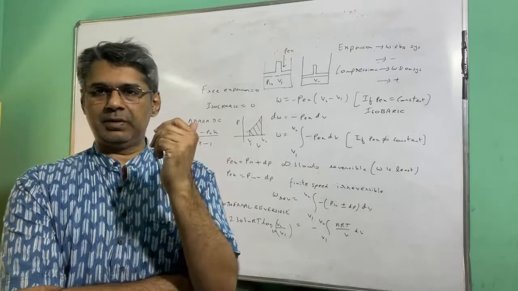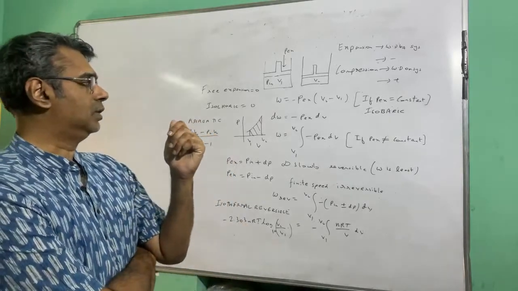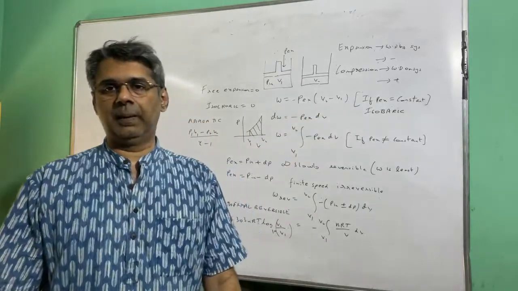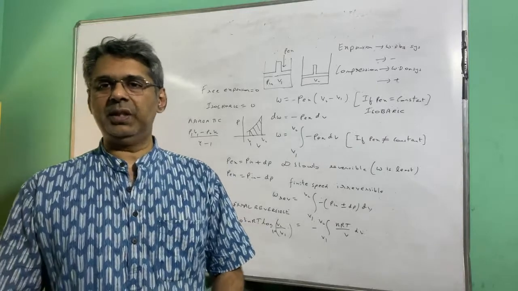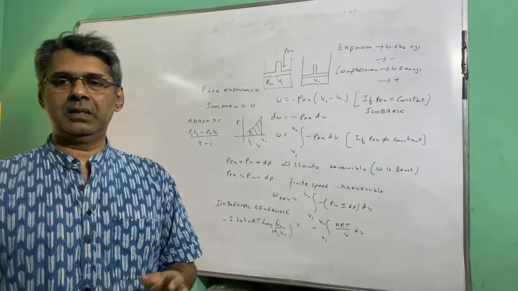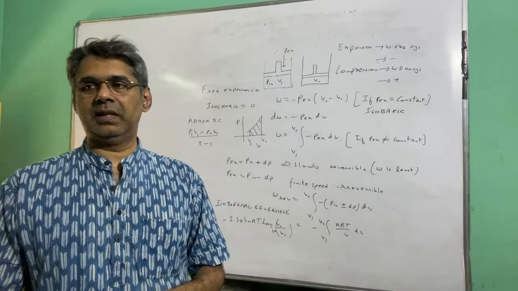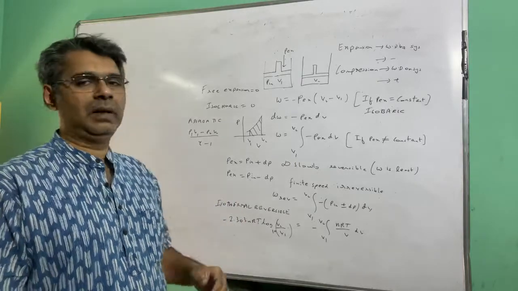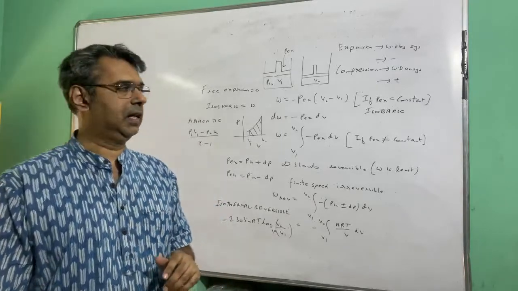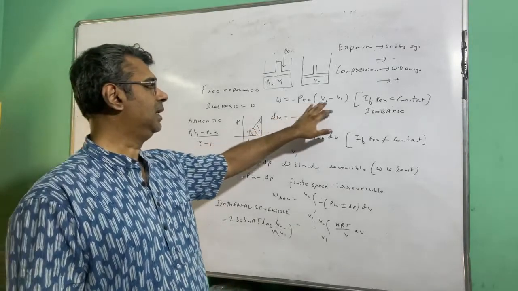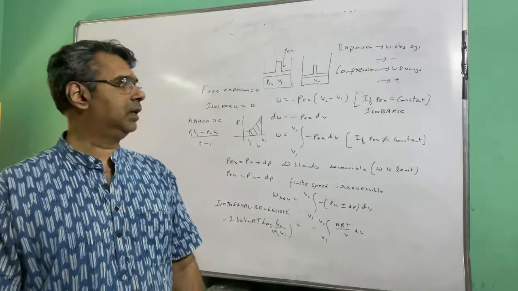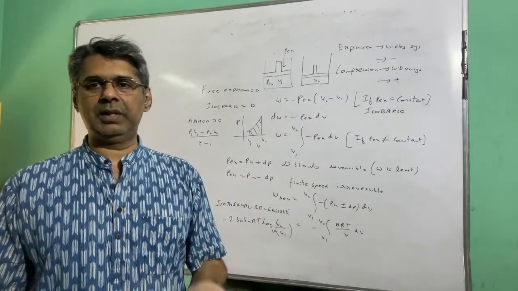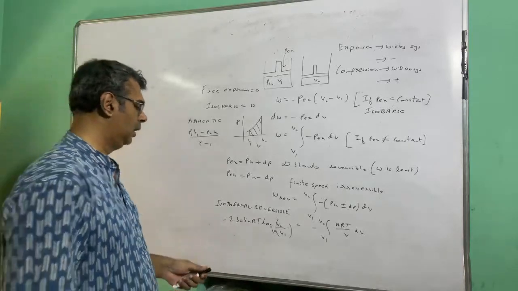So virtually you can say that PEX into V2 minus V1 works for chemistry all the time. In fact, there is a separate consideration for this, that is enthalpy, where pressure is assumed to be constant. We'll come to that in the next session. We won't discuss enthalpy today. So this formula, minus PEX into V2 minus V1, works for chemistry virtually all the time, because in laboratory conditions the external pressure is constant.